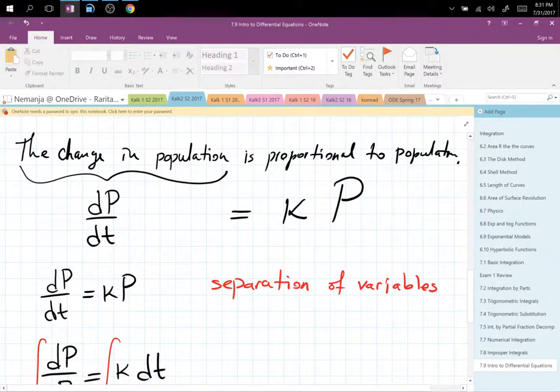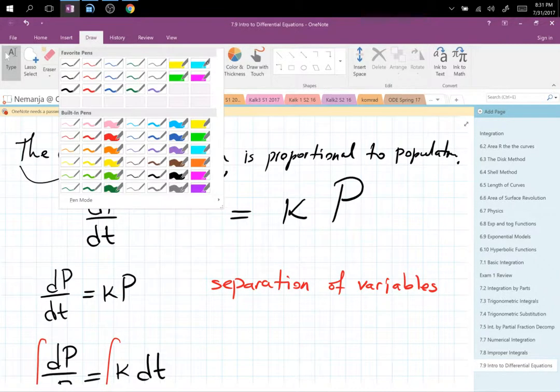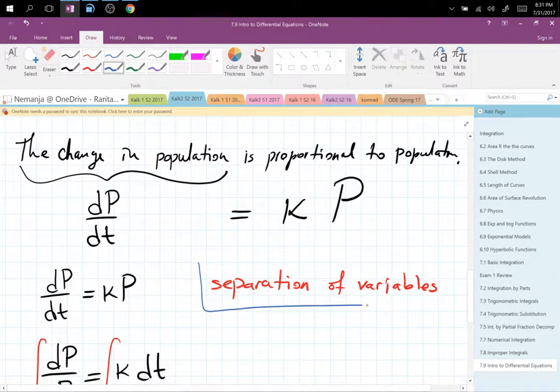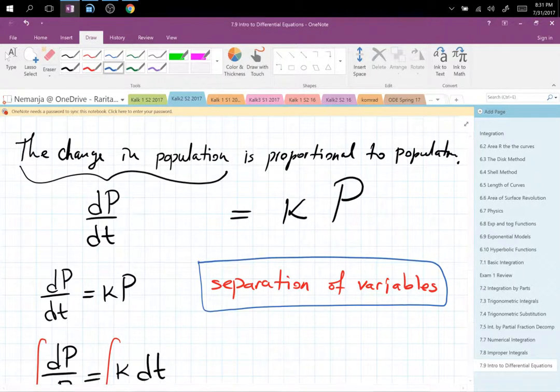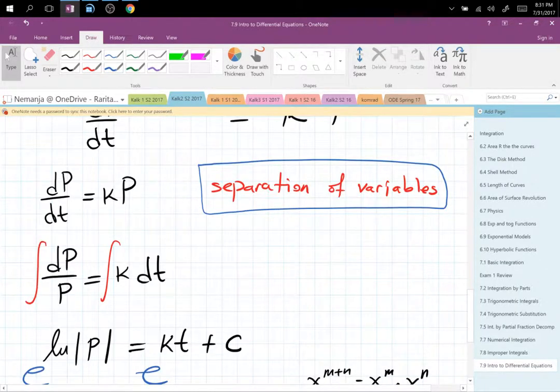The change in population, that's the derivative of population, is proportional, that equals k times the population p. And now I used what is known as the separation of variables, which is the most basic technique of solving differential equations, where you put the same variables, in this case population, on one side, and then the time variable, the independent variable, on the other side, and then integrate both sides.